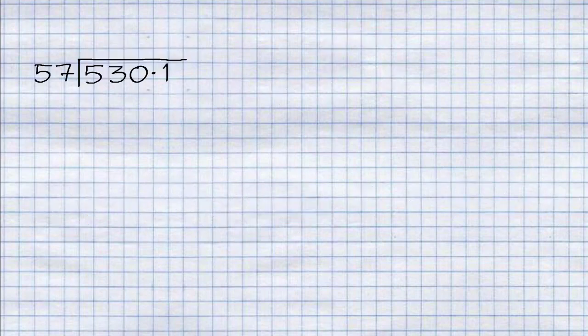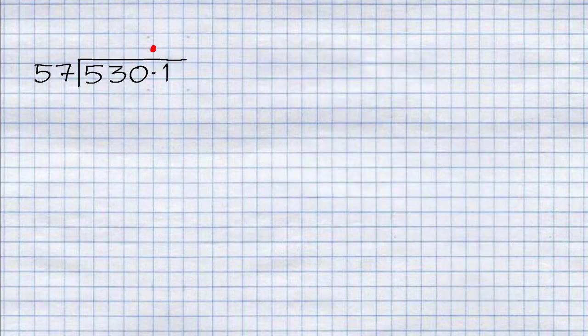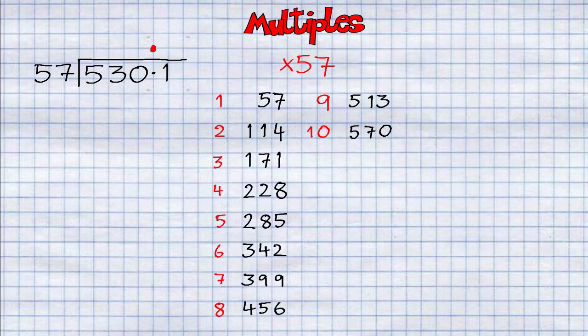Right, so I'm going to go through now how to do a long division sum. First thing you always have to do if there's a decimal point in your dividend is clone and forget. So like some mad evil scientist, you simply clone or copy the decimal point above the line, and after that you forget about it. It doesn't affect the rest of your sum. After we clone and forget, we do our multiples.